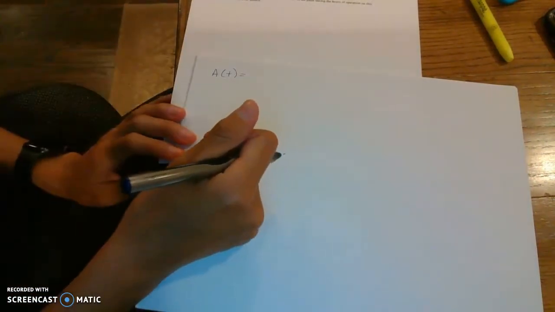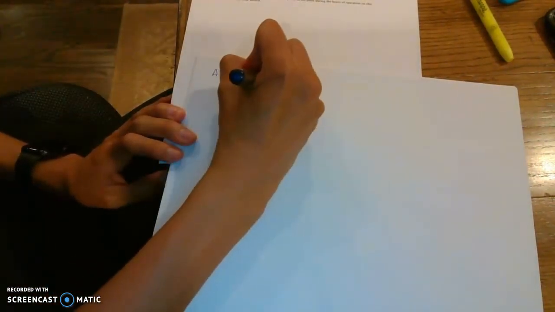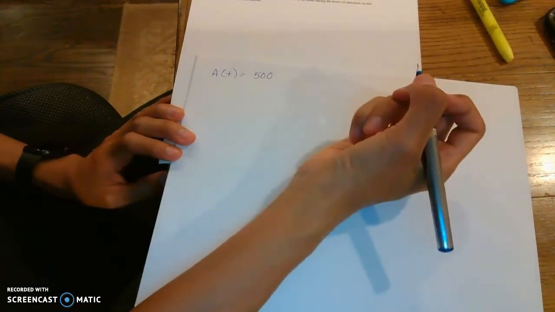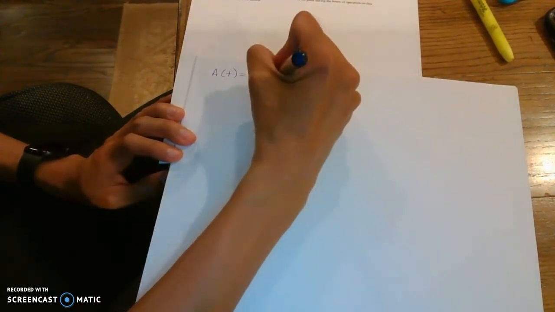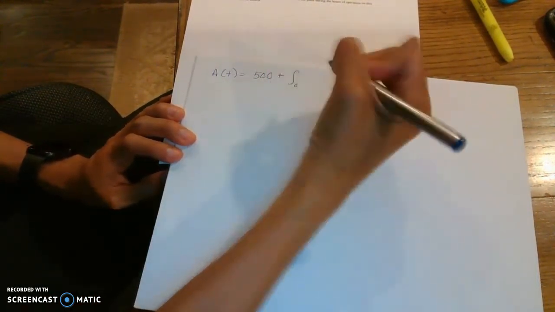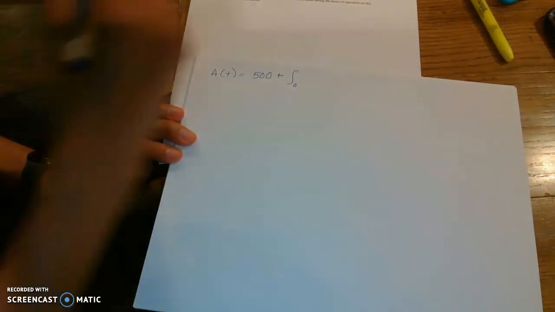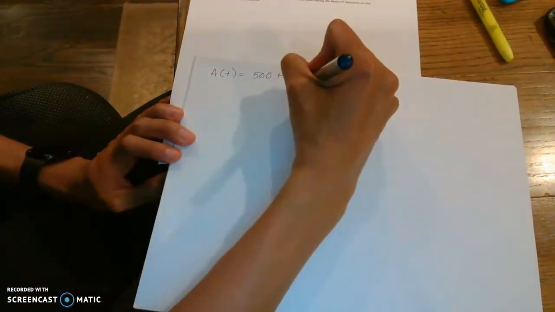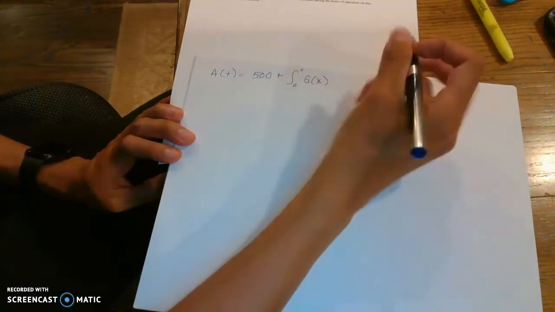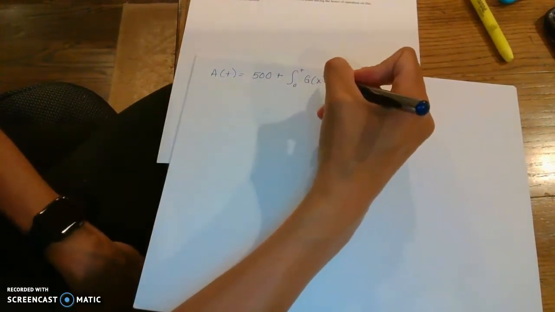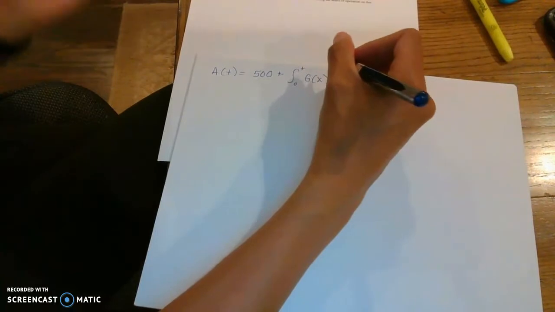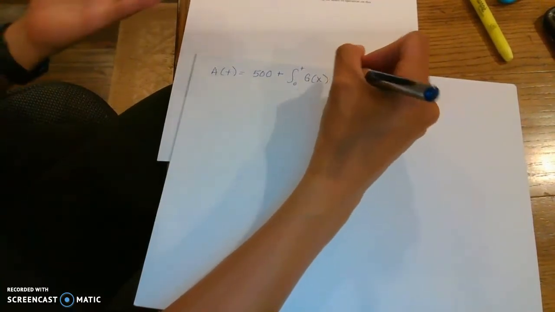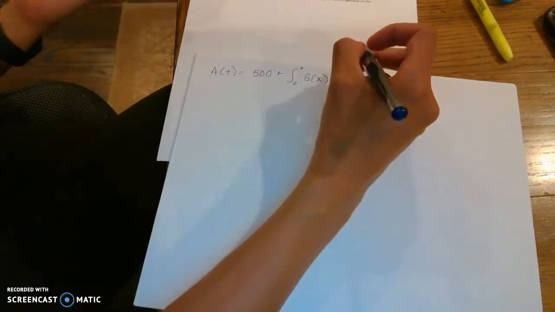Okay, you know the amount of gravel at T, you know that we start off with 500 tons of unprocessed gravel at T equals 0. And then I know that I have to integrate the arriving of the unprocessed gravel. But remember, the in versus the out will tell me the amount that's left, right?